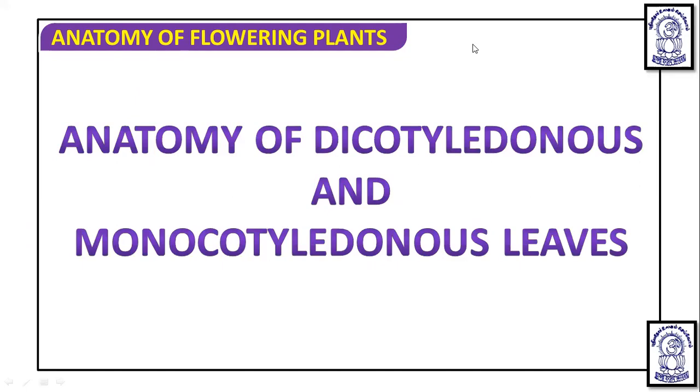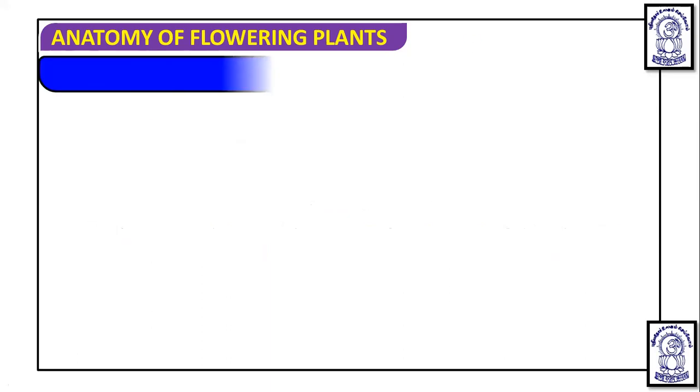As we studied in the ground tissue system, we have already talked that in leaves the mesophyll cells represent the ground tissue. It is not represented by many layers or differentiated tissue layers, but by mesophyll cells. So let's discuss dicot and monocot leaf anatomy.